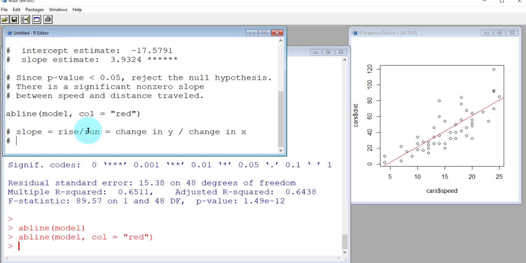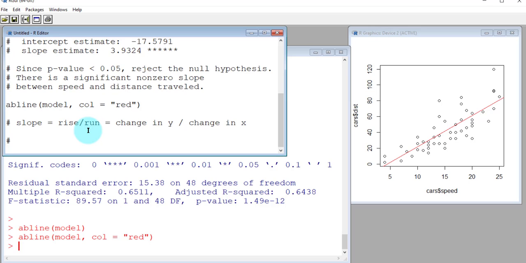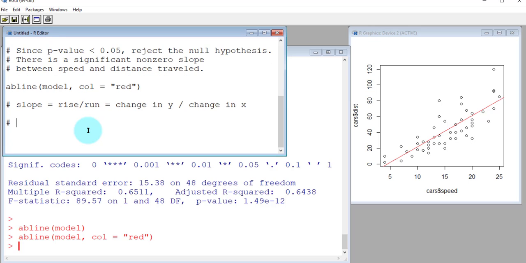So I'll pose my comment in the terms of a question that will be sort of a fill in the blank. How much further do you expect to travel distance for every additional unit increase in speed?